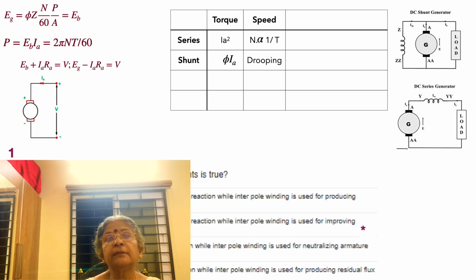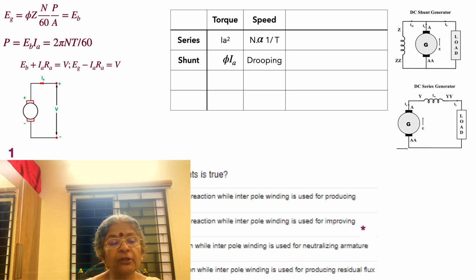And then the voltages are coupled together into different circuits, so we have A in the denominator, because A tells us the number of parallel paths available. For lap winding, A is equal to P, and for wave winding it's equal to 2. Everything is with respect to seconds, which is the reason for the 60 in the denominator. So all through you must remember phi Z N by 60 into P by A as the EMF generated in a generator, or the back EMF created in a motor.